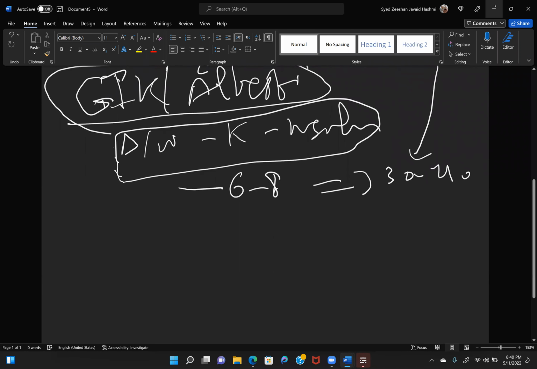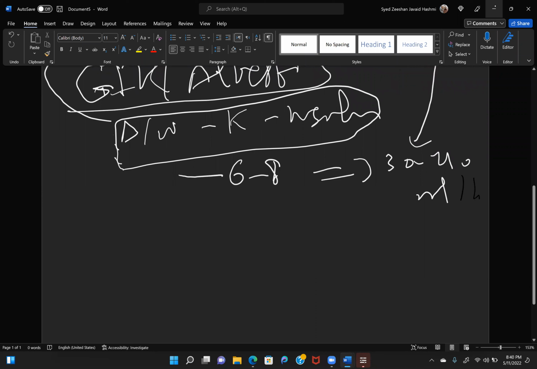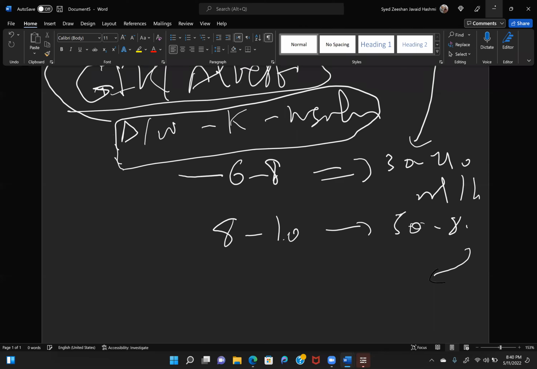I'm just giving an example. If it is 8 to 10, it is 50 to 80 ml per hour. So things like that, according to the rate. They have just pasted a scheme over it.